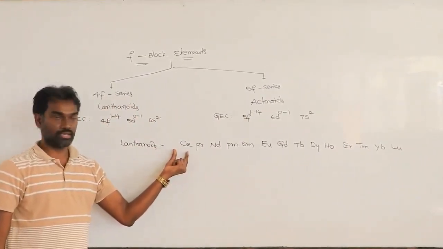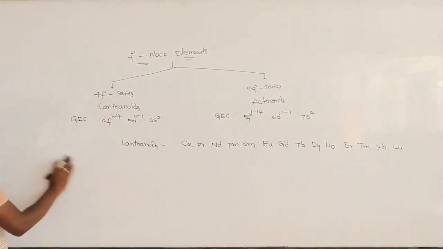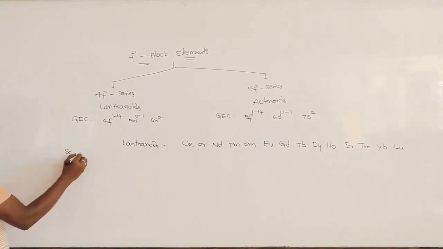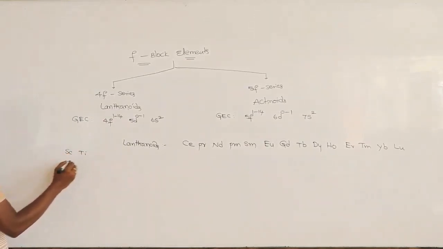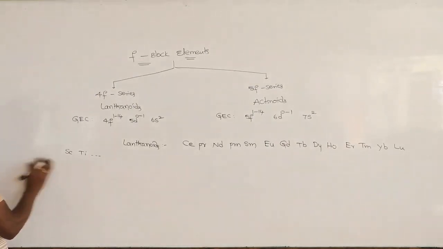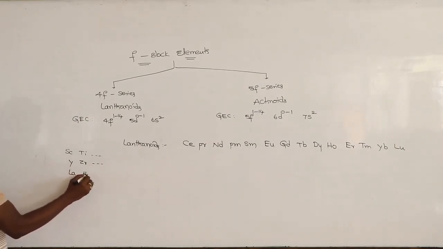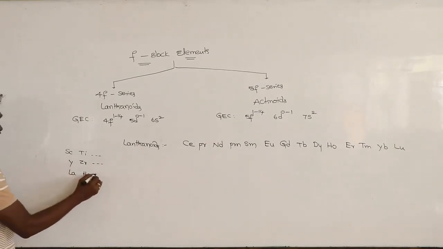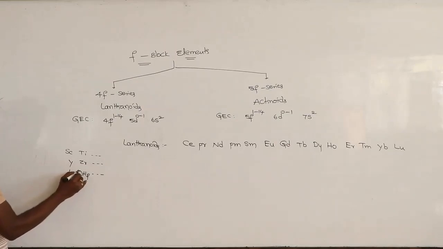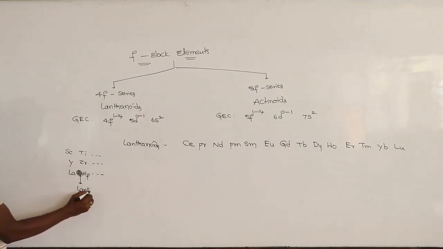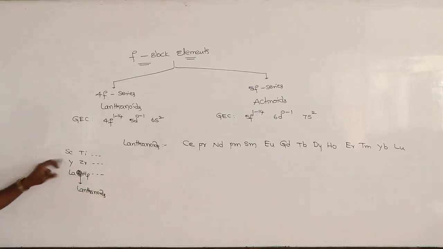Consider the atomic numbers first. The d block elements: scandium, titanium, then yttrium, zirconium, hafnium, lanthanum, hafnium, tantalum. The elements after lanthanum are called lanthanides.